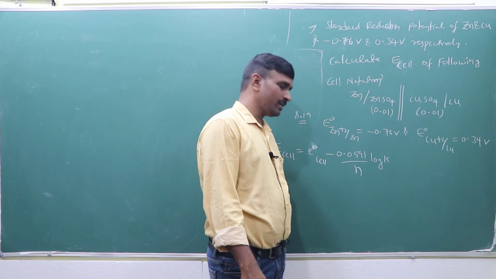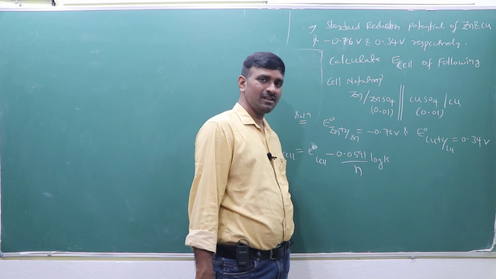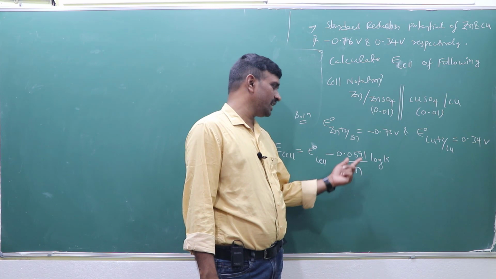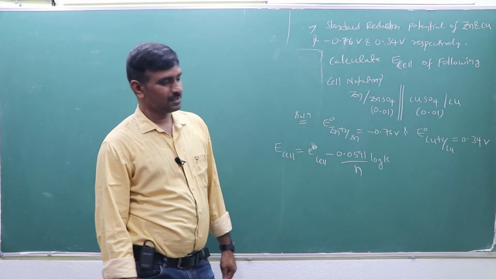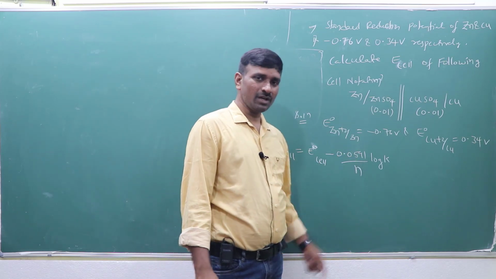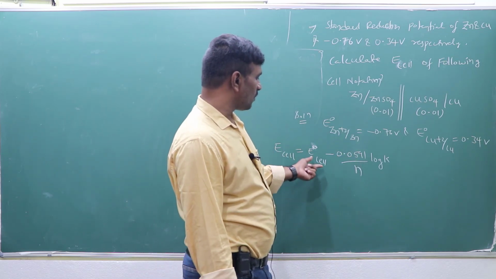So we are maintaining that at 25 degrees centigrade, 2.303 RT by F value is equal to 0.0591. Already we explained that in the earlier class. So that's why I can mention the direct formula here in this case. Now what is E0 cell?